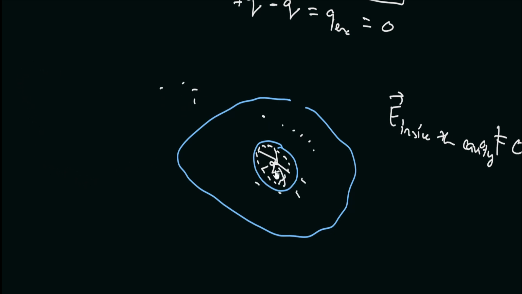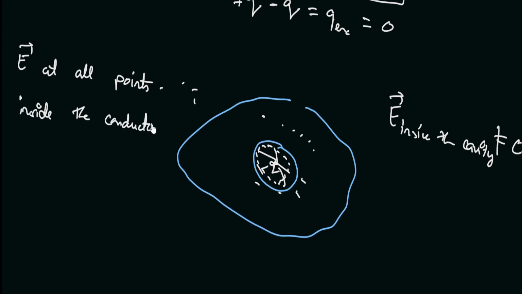Therefore, when we have a charge Q, it will induce equal and opposite charges on the surface of the cavity. And the net effect of those induced charges and the charge Q is that the electric field at all points inside the conductor and also outside will be equal to 0.